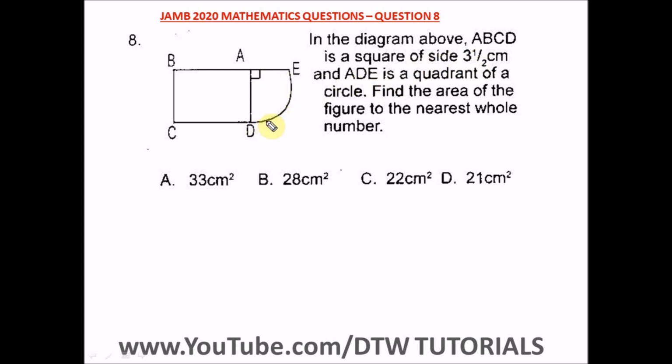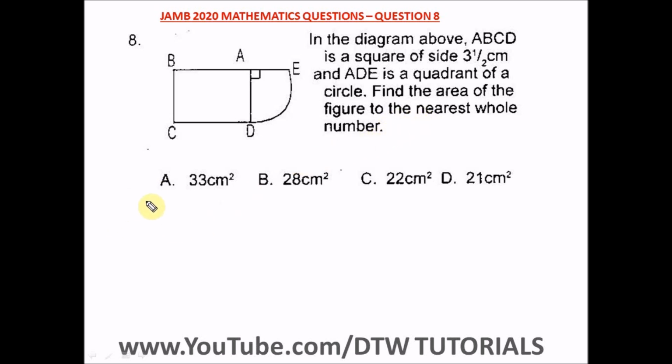Remember that a square has 4 equal sides and 4 equal angles. So the side here, here, and here is 3.5. They told us that ADE is a quadrant of a circle. Don't forget, a circle has what? 4 quadrants. So we're given just one quadrant here. They said find the area of the figure to the nearest whole number.